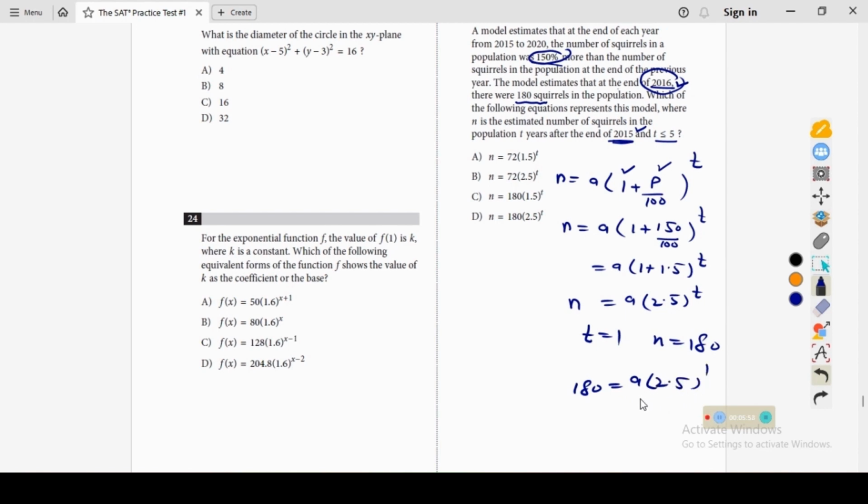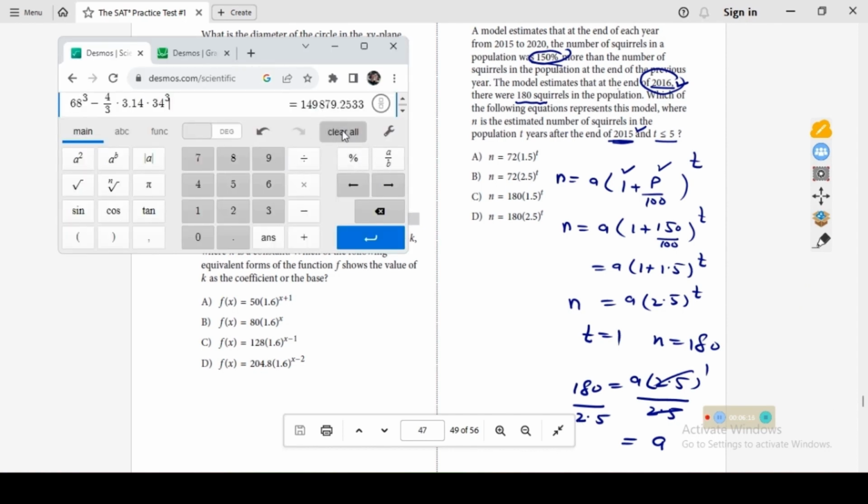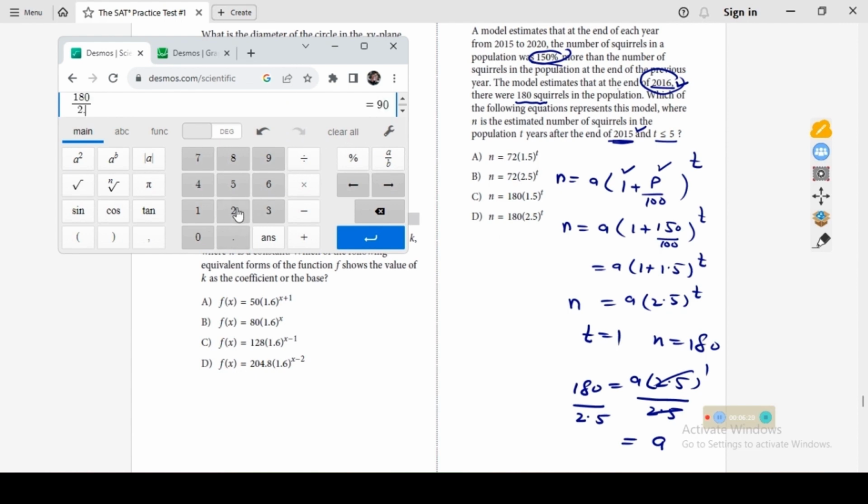Dividing by 2.5 on both sides, the value of a will be 180 divided by 2.5. The answer is 72.